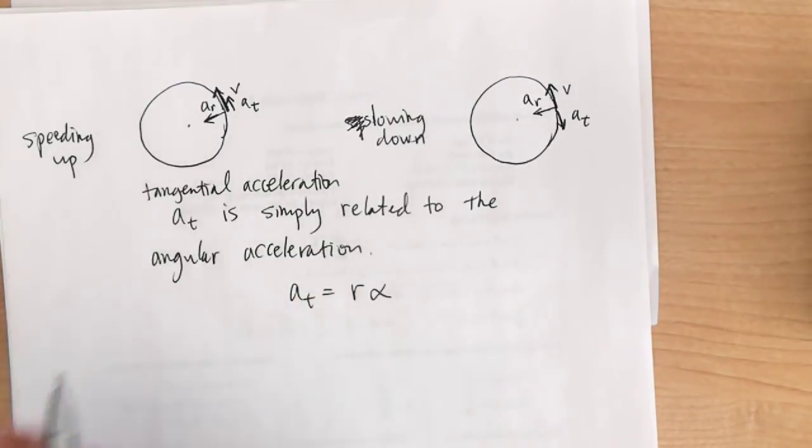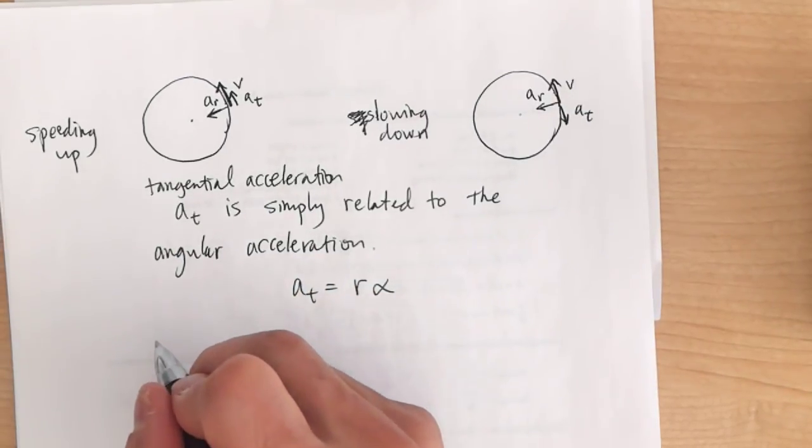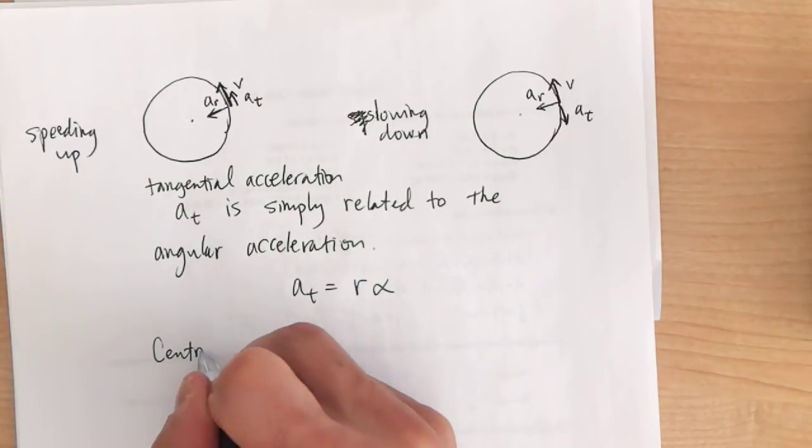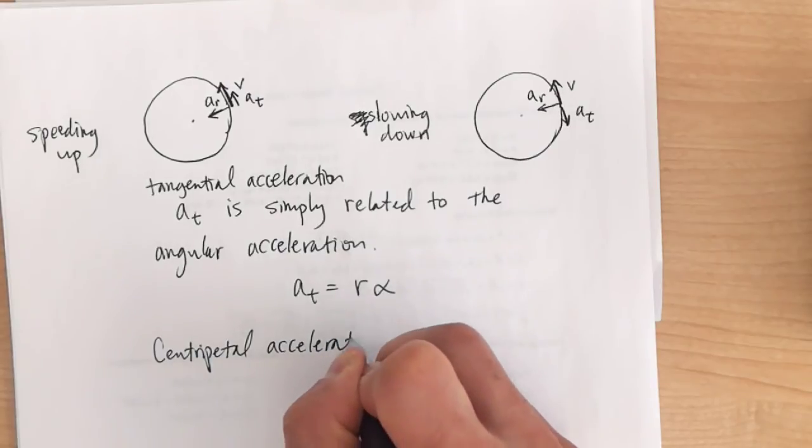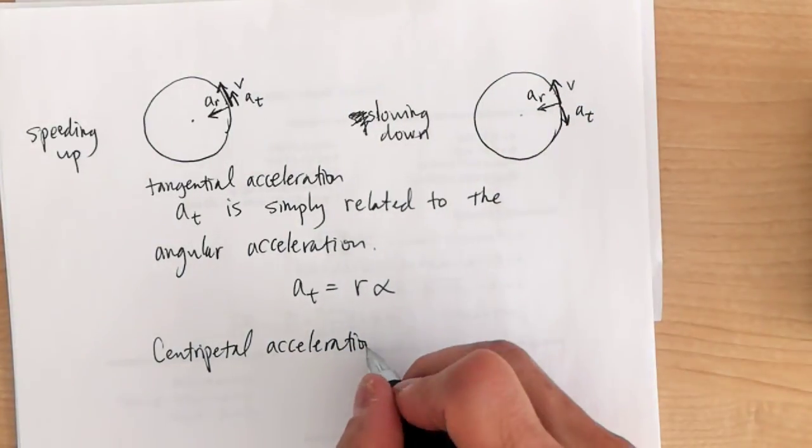Now, suppose I wanted to write another formula for the centripetal acceleration, the radial component, this guy here.